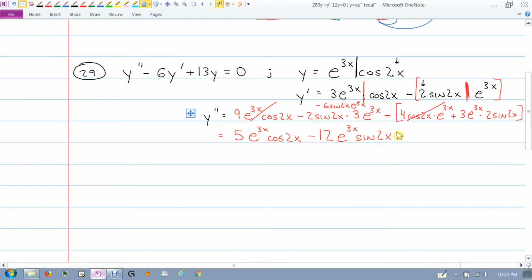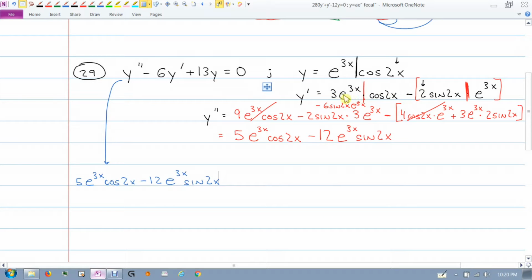Now let's plug them in. So I've got, trying to check this now, y double prime is 5e to the 3x cosine 2x minus 12e to the 3x sine 2x, and then minus 6y prime. So here's y prime, right? I'm going to multiply it times negative 6.